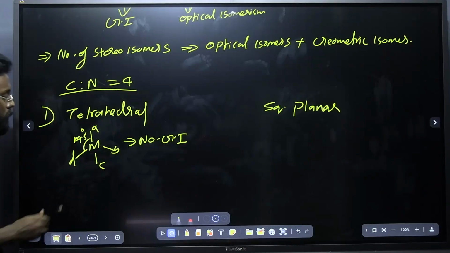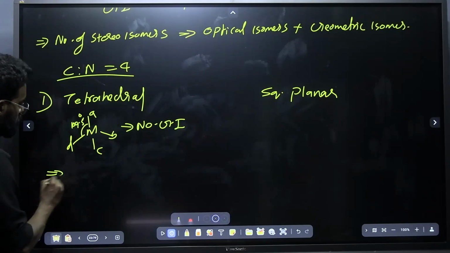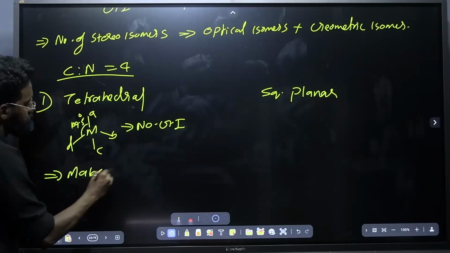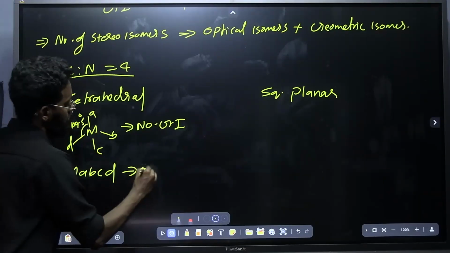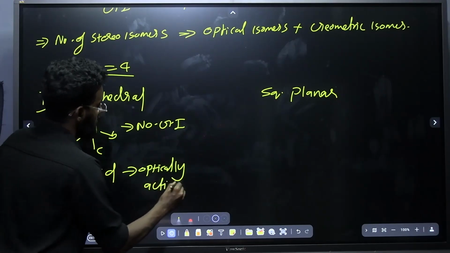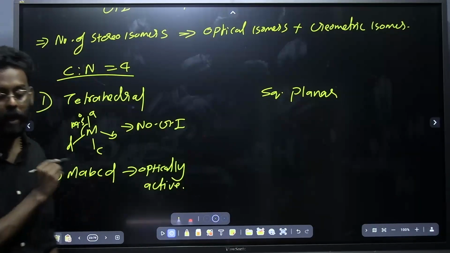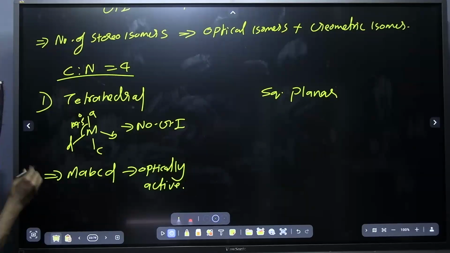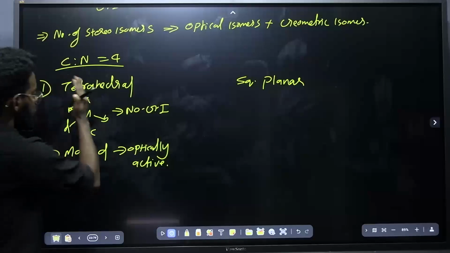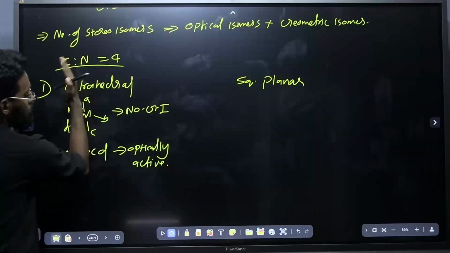Now what about optical activity? Which type of compound? MABCD. In the case of tetrahedral complexes, the MABCD type complex will be optically active, because there won't be any plane of symmetry.